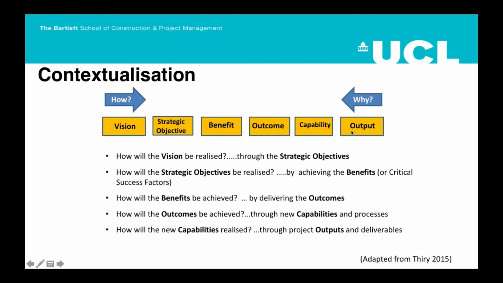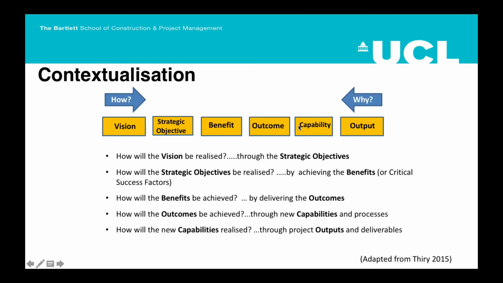Actually, from the outputs of the project, we will be able to build the capability that we need because we identified that capability by using the gap capability analysis.